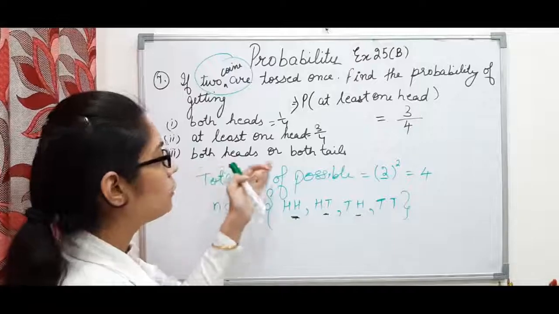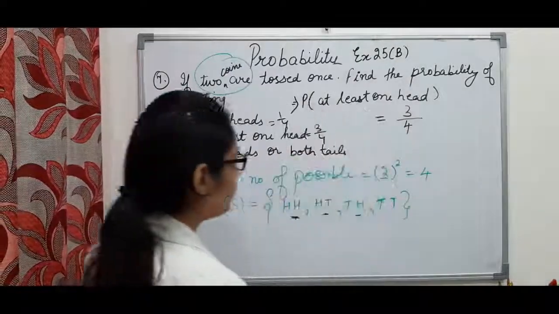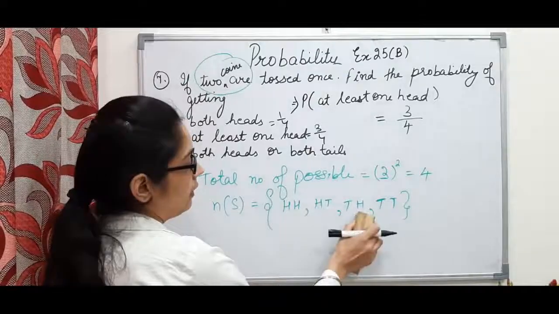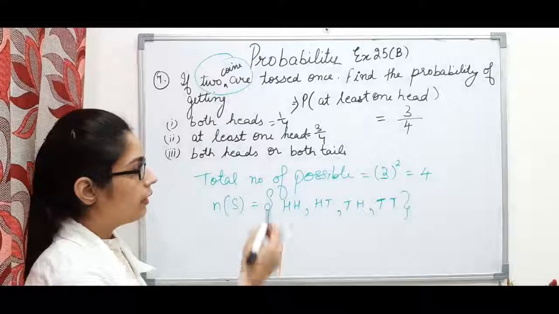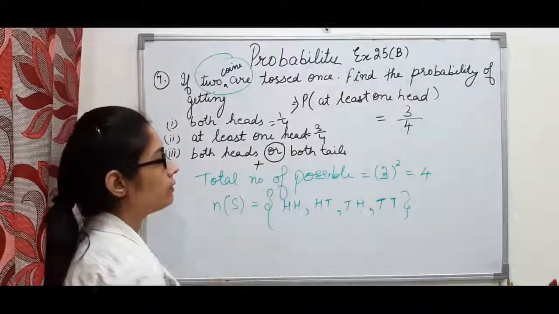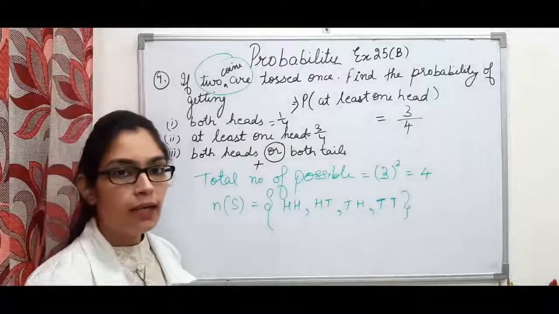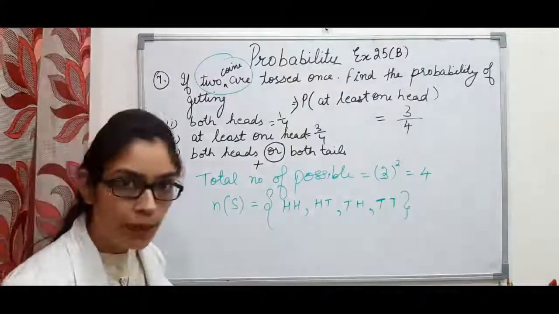Now both heads or both tails. In the first question I explained that if and or is given, or means I have to add. And means it should satisfy both conditions, but or means I have to plus it.